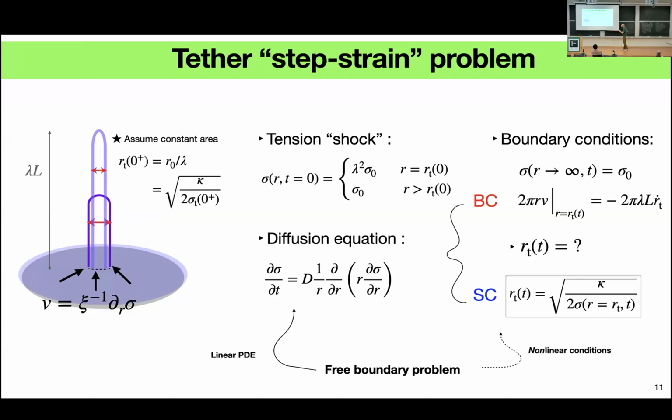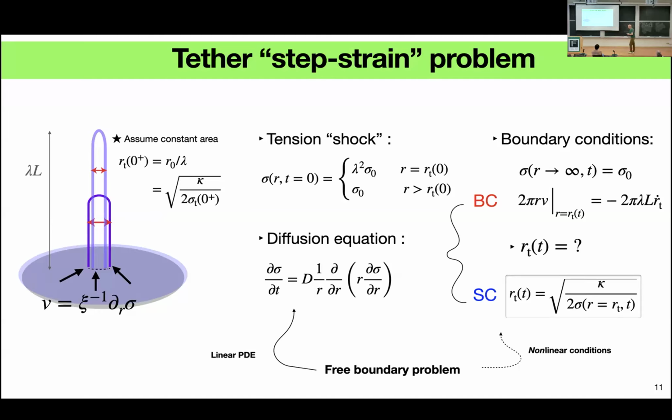Okay, so we have a problem where the PDE is linear, a free boundary problem. I think that's why this talk maybe fits in with the theme of the workshop, but with nonlinear conditions that determine RT.